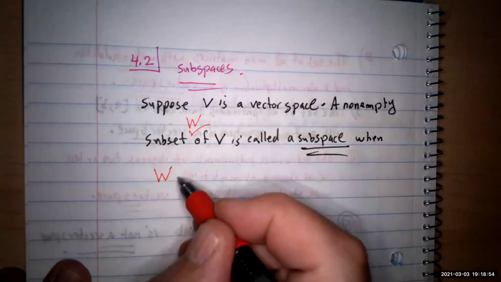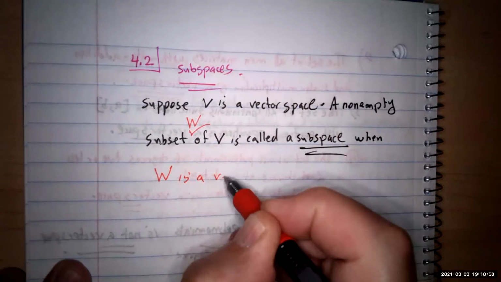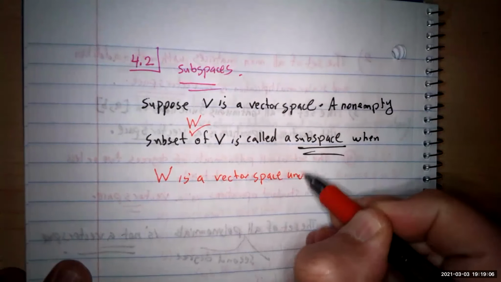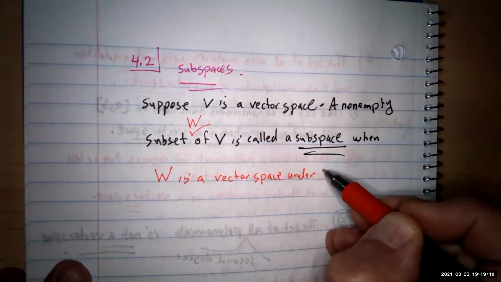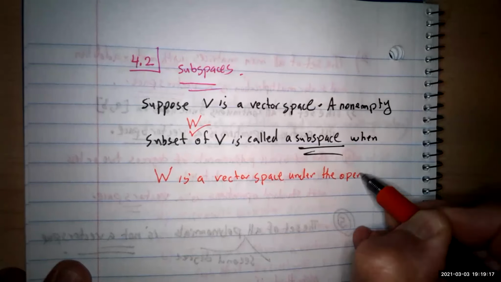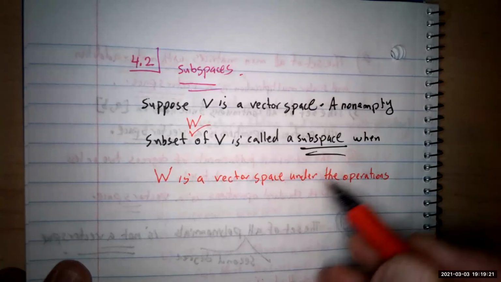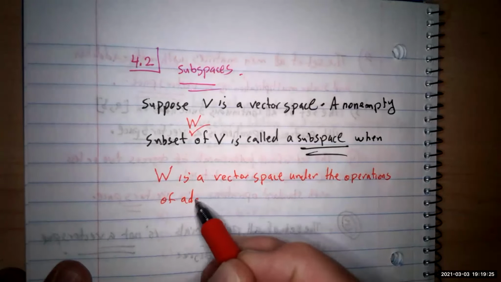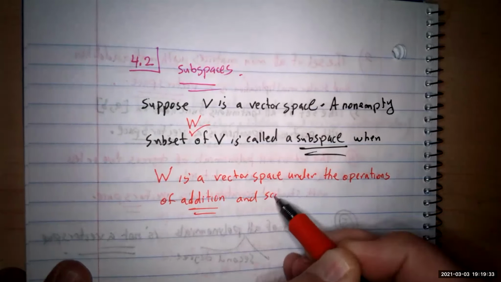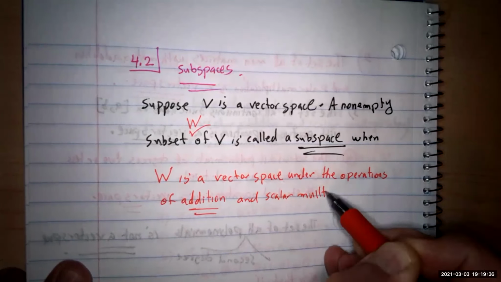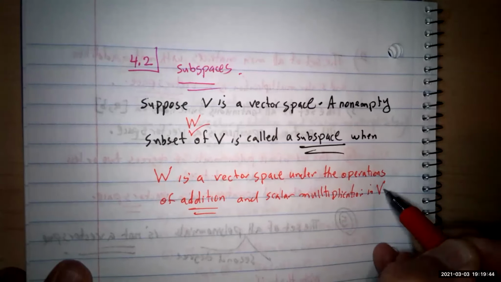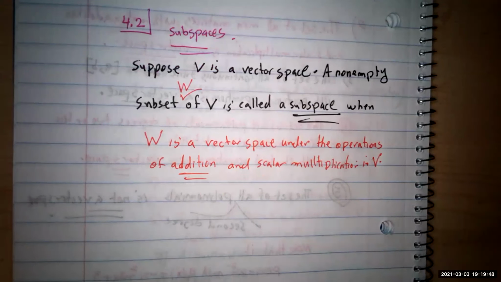It's going to be a vector space by itself with the same operations of addition and scalar multiplication in V. You see, you already have these operations on V because V is the big one.